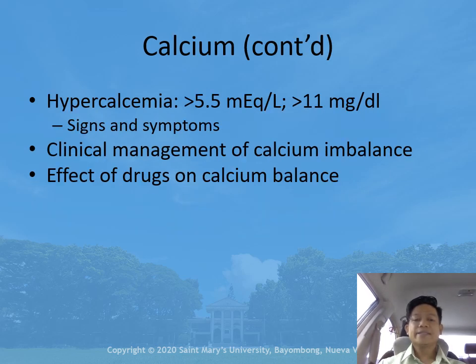If a client is receiving D5 NSS via a peripheral IV, the client is prescribed to receive calcium gluconate. The nurse knows that calcium should not be mixed with saline solution.